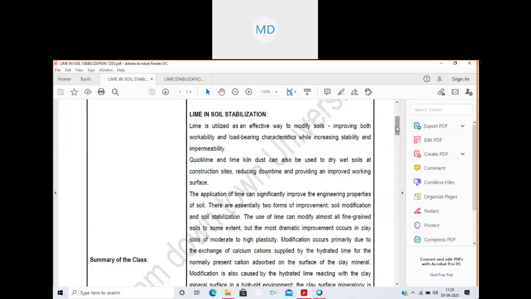Can you all see the screen? Is the screen visible?